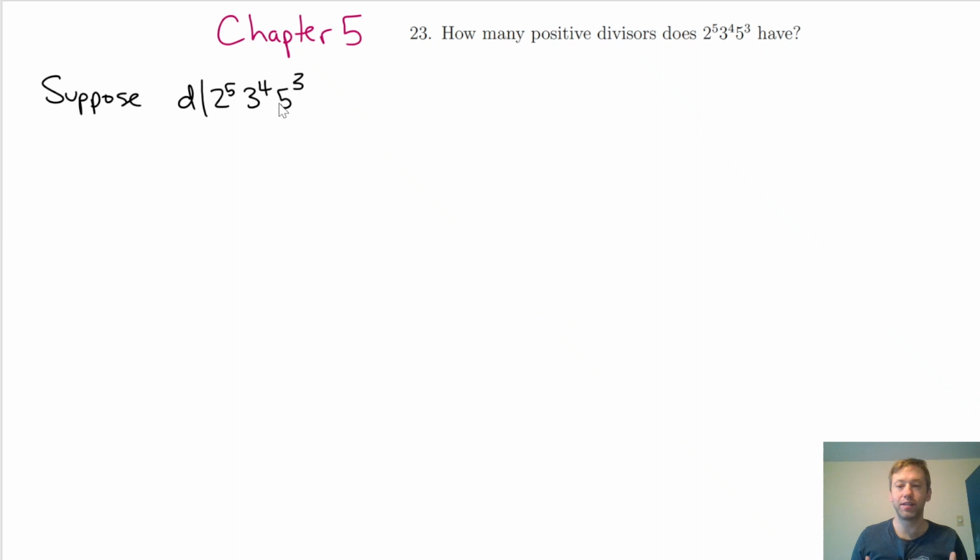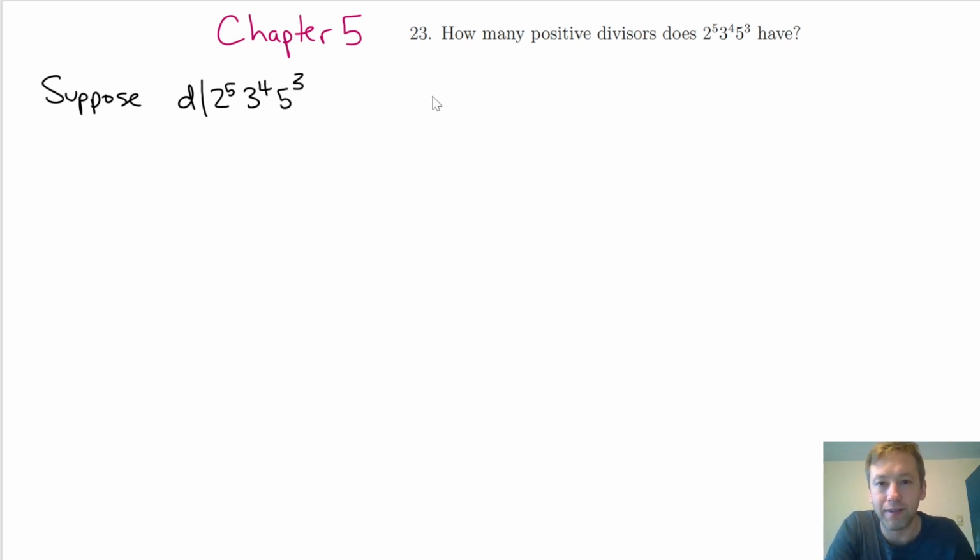And this is, again, really boiling down to the fundamental theorem of arithmetic, because if D was divisible by some other prime, then that prime would also divide this number, but this number has a unique prime factorization, and 2, 3, and 5 are primes, so that would be a problem.